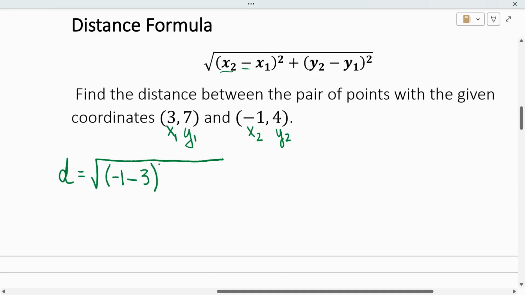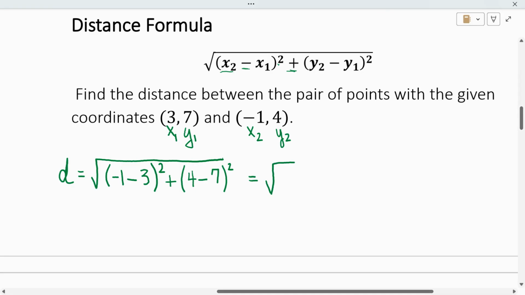Close my parenthesis, the quantity squared right here, plus, new parenthesis, what number am I replacing y sub 2 with? 4 minus y sub 1, 7, close my parenthesis, the quantity squared.